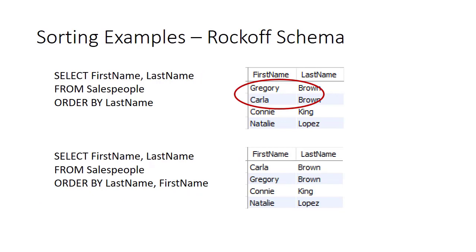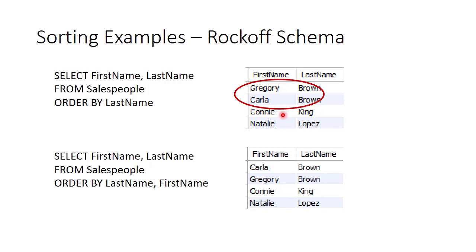So here are sorting examples. This is using the Rockoff schema if you're interested in following along in your database. In the first example, we're going to select the first name and last name from the salespeople table, and we're going to order by last name. In this case, we've only specified the last name ordering, so it will order by the last name, and it will take whatever order the data is in the underlying database.